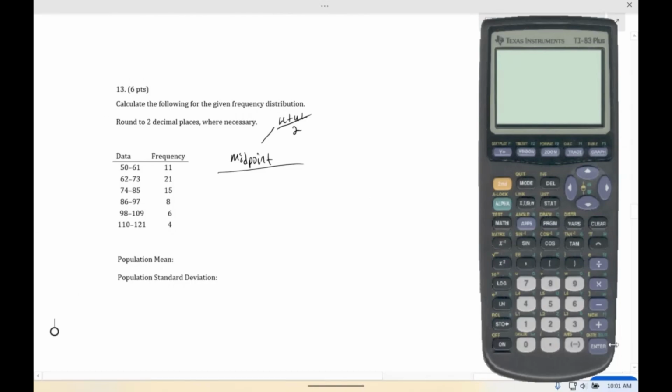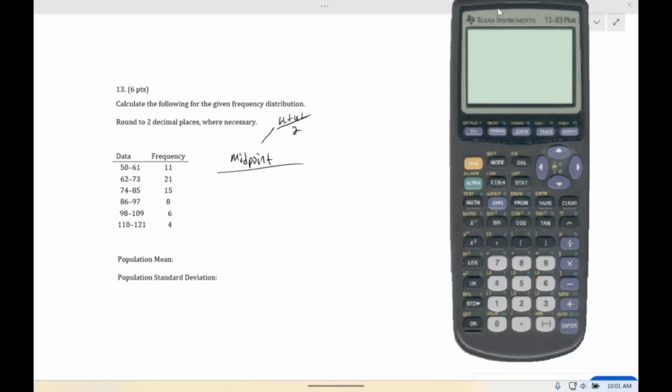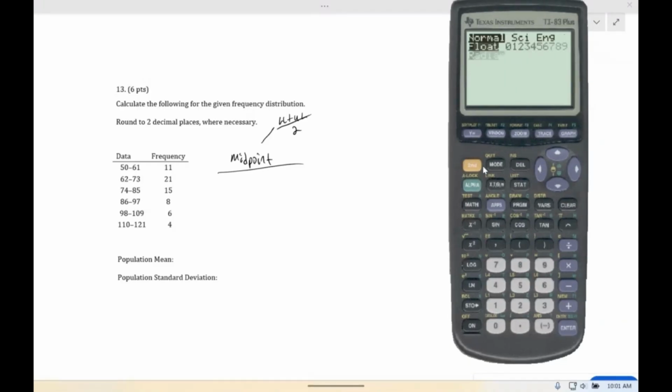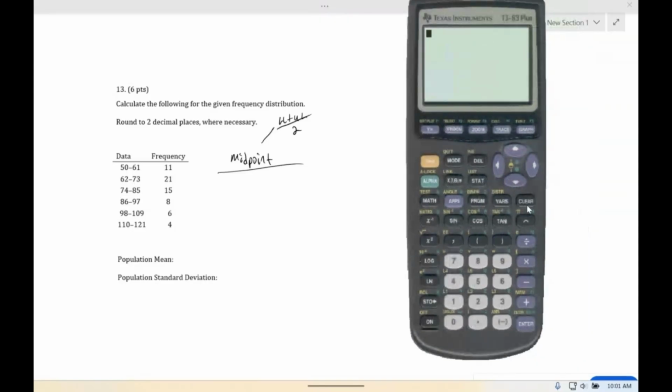So for our first class, we're going to calculate the midpoint. I'm simply going to add the lower class limit, which is 50, plus the upper class limit, which is 61, and I'm going to divide by 2.